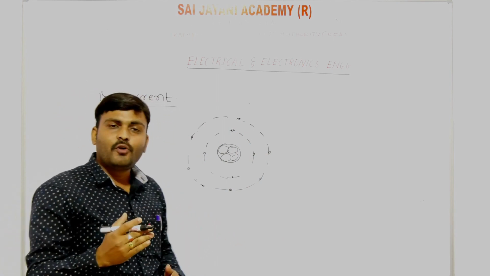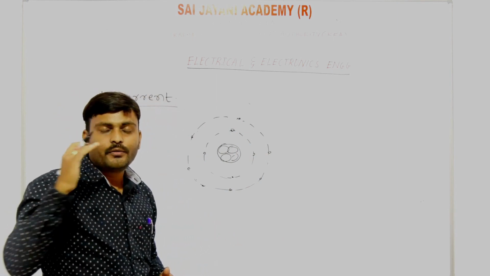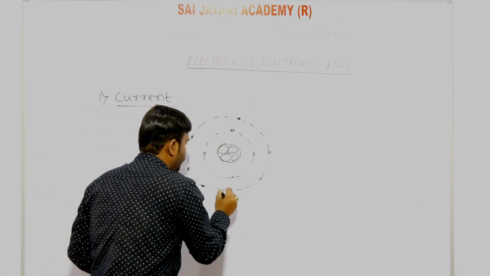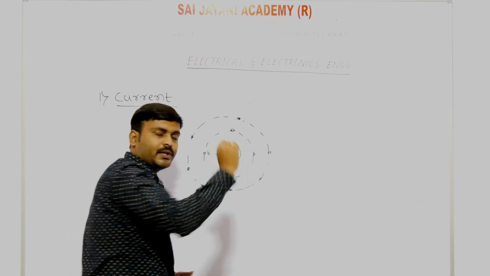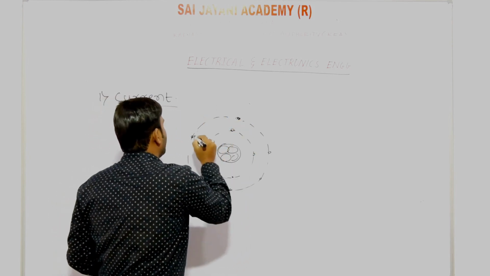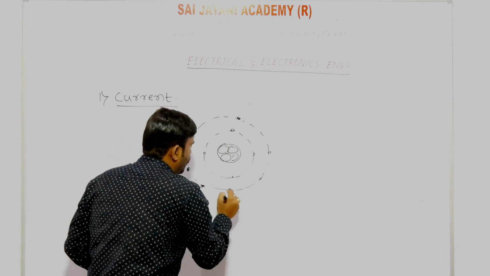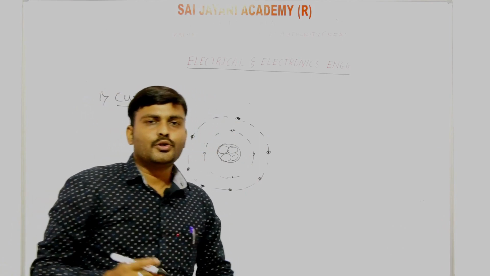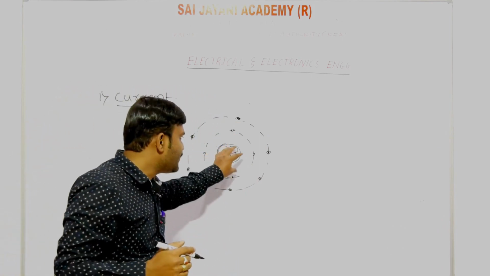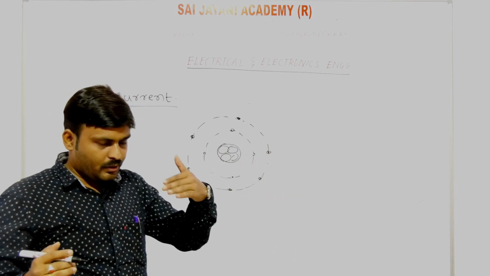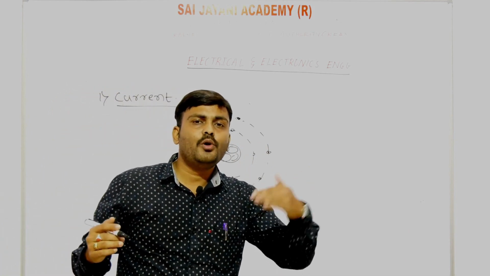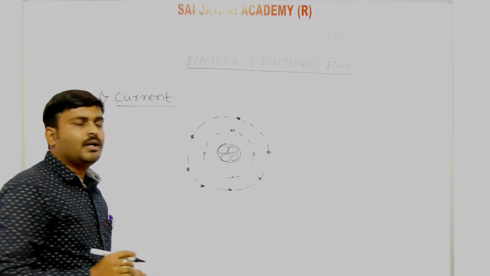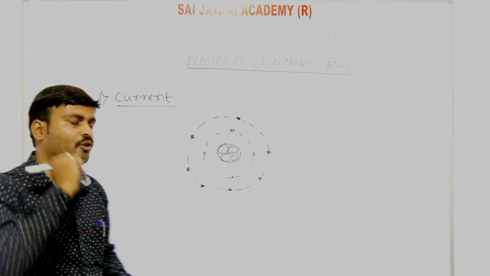The electrons responsible for the flow of current, or which carry the current, are the outermost orbital electrons. These are the orbitals. So electrons which are revolving at the outermost orbit of an atom are the free electrons. So these are loosely bonded to the nucleus. They can easily flow from one atom to another atom when we apply some force. So current is the flow of free electrons.